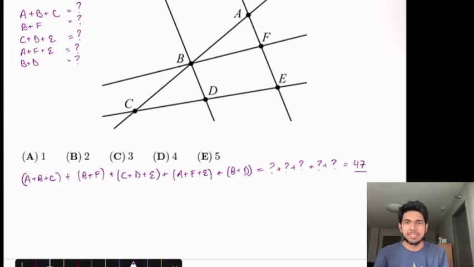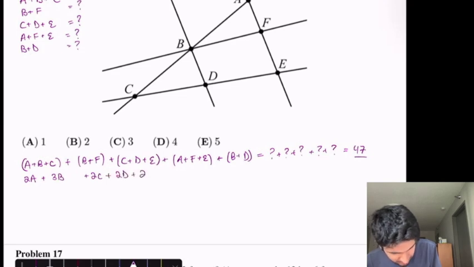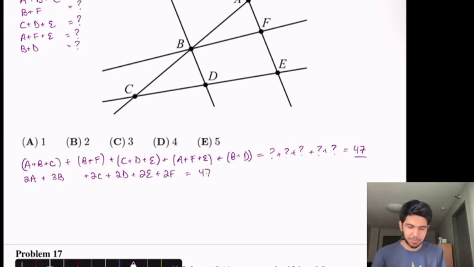Okay? For the left-hand side, let's group the like terms. We see a couple of A's, so we can make that 2A, just to simplify things a little bit. So we get 2A plus 3B plus 2C plus 2D plus 2E plus 2F, and that all equals 47.